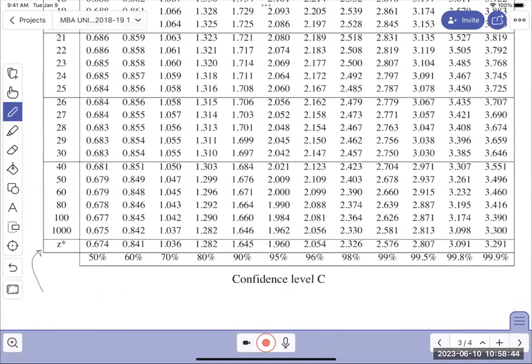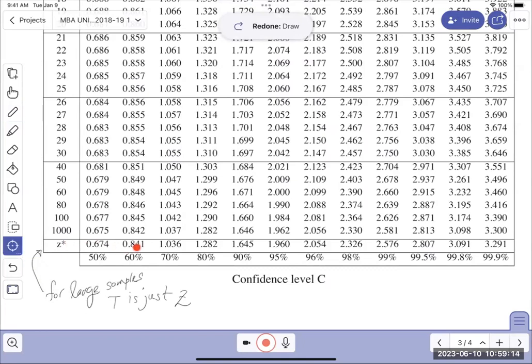So notice for large sample sizes, T becomes Z. I'll write it as the variable T is just the standard normal.